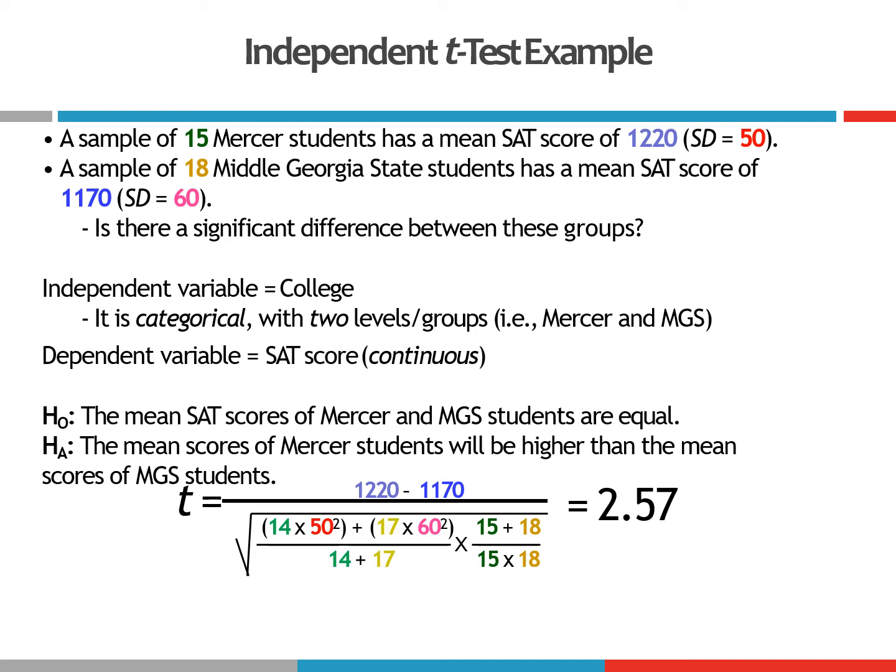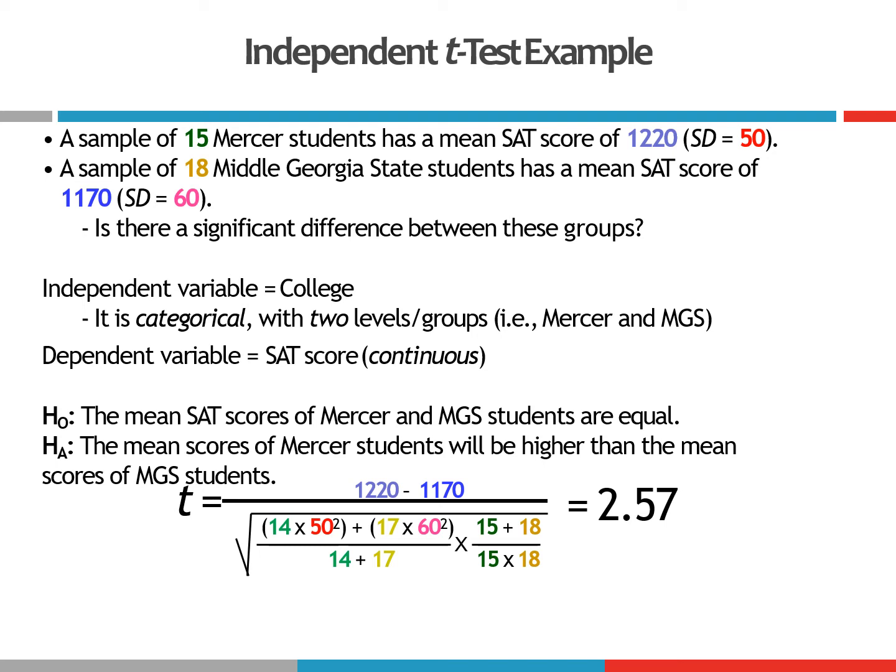So looking at the means, the Mercer students have a higher SAT score, 1220 versus 1170, but is this difference significant? Does this difference reflect a true difference between Mercer and Middle Georgia State students, or is it just a difference that happened due to random chance?